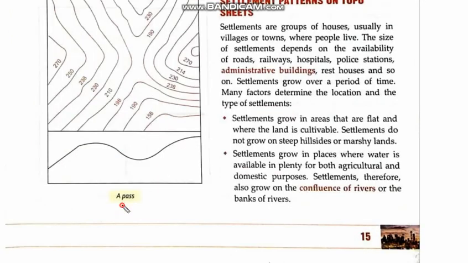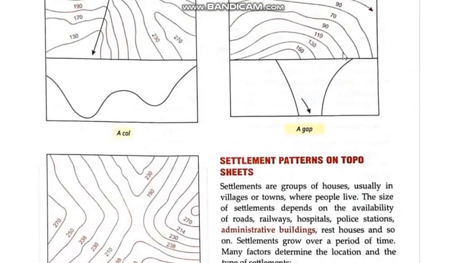So now this is a pass. What do we mean by pass? We can say that it is the land between two hills. It is a place that is cut between the two hills, and this is drawn by this type. Now next one is our gap.